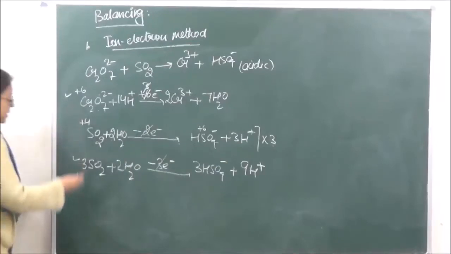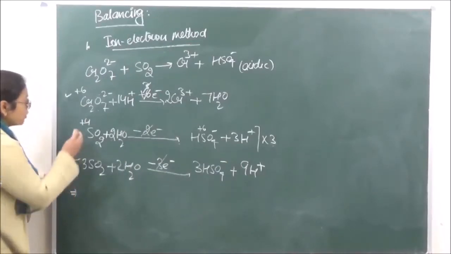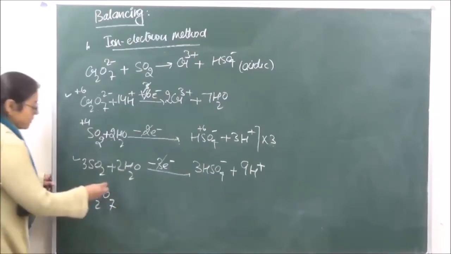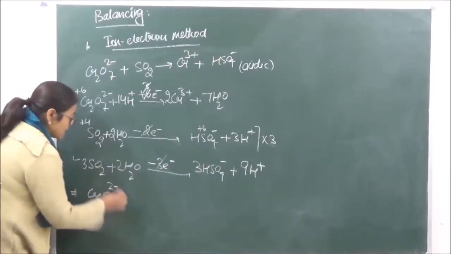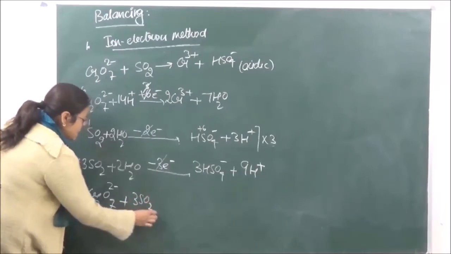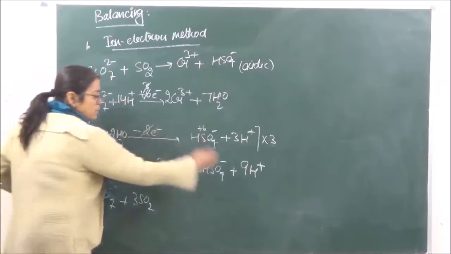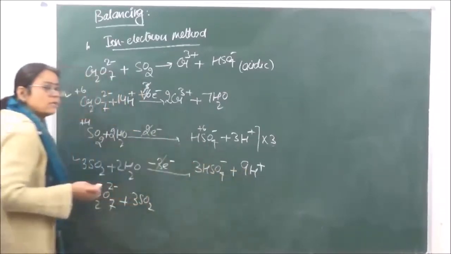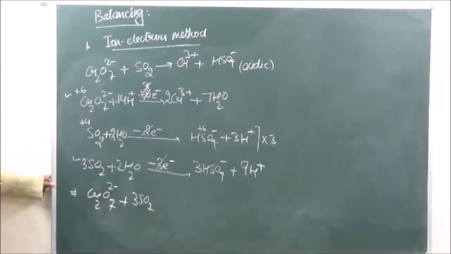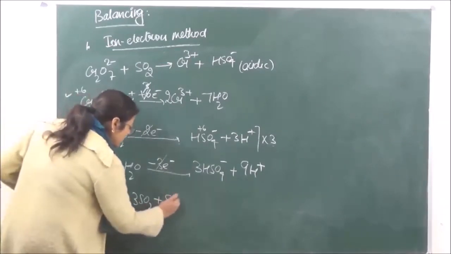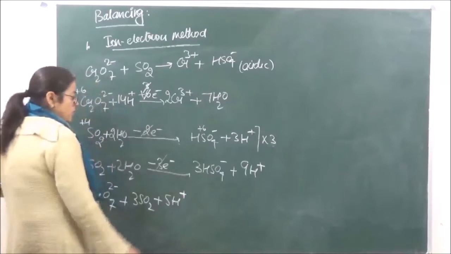So we have over here the overall reaction, which is going to be Cr2O7 2 negative plus 3SO2. Now here we have 14H positive and here we have 9H positive. So 14 minus 9, how much will it be? 5. So we are going to have over here 5H positive.